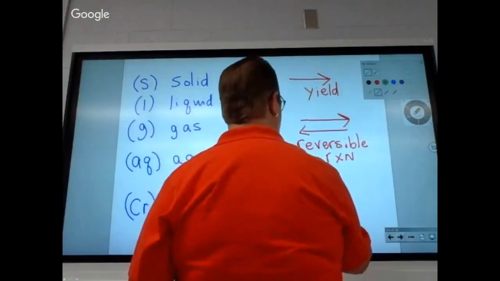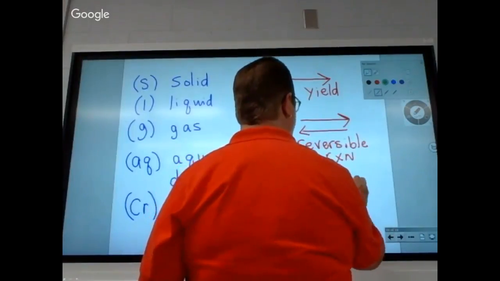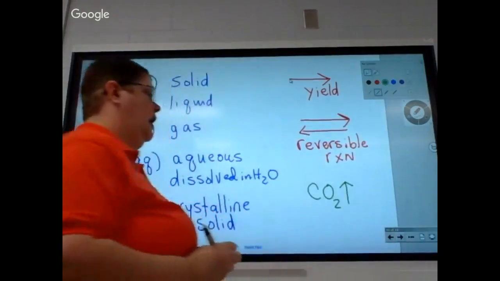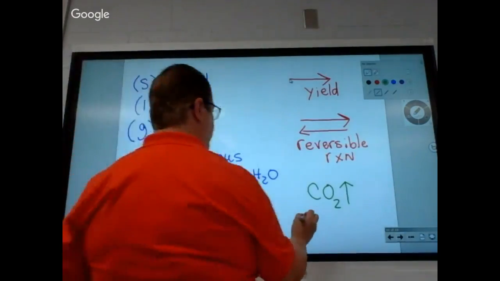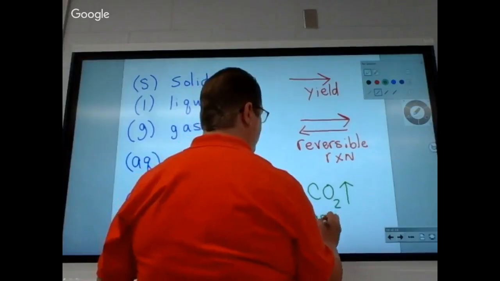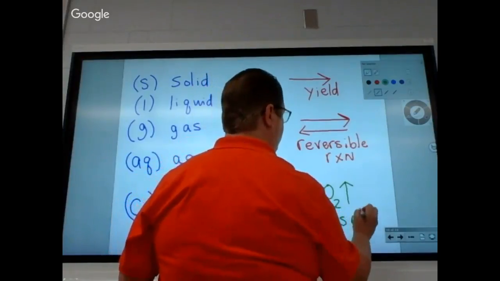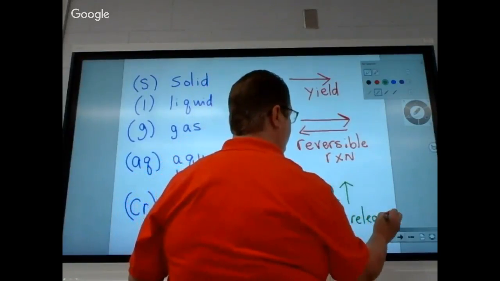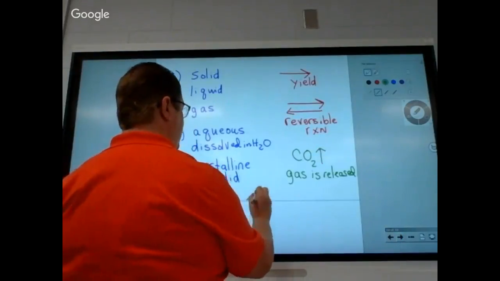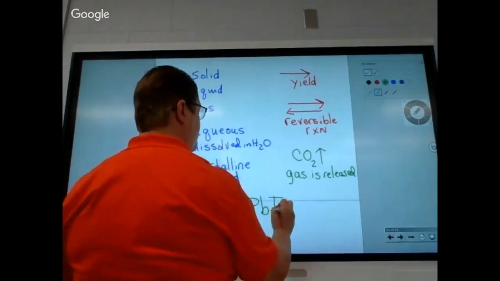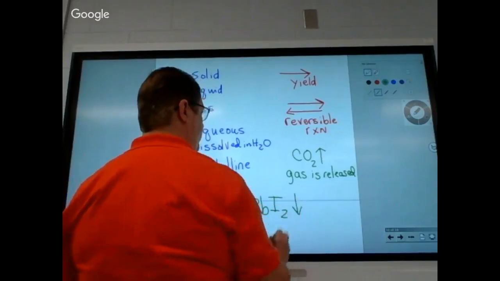Sometimes you will see arrows after compounds, like CO2 with an up arrow. That means a gas is released. Or you might see something with a down arrow.